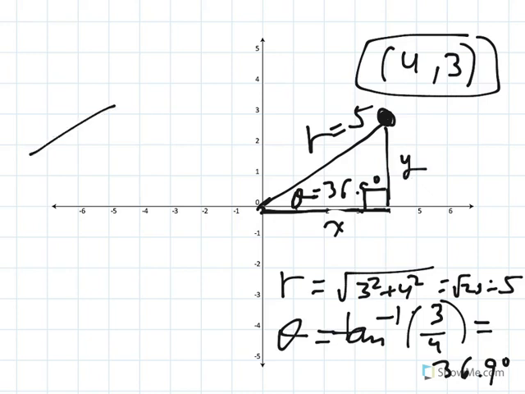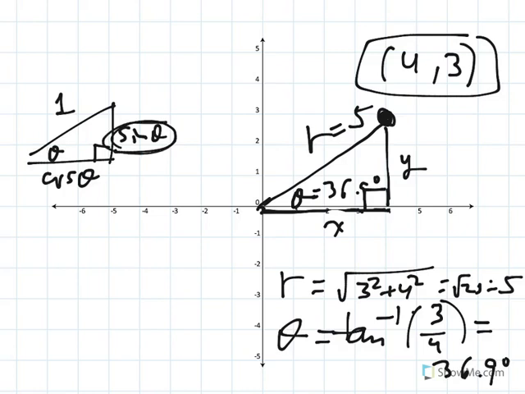See, in any triangle, if the hypotenuse is 1 and this is theta, the opposite side is going to be sine theta, and the adjacent side is going to be cosine theta, because sine theta is the ratio of the opposite side to the hypotenuse. So when the hypotenuse is 1, the length of that opposite side is actually sine theta.